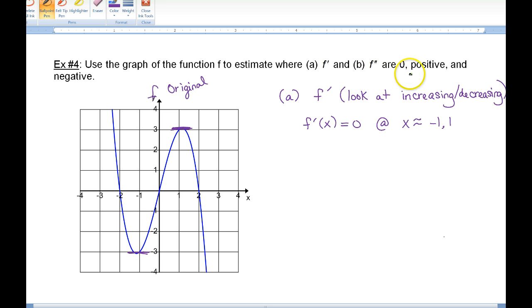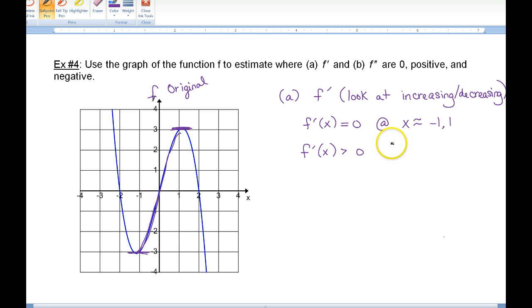So we answered the first part, that's where it's equal to 0. Where is f prime of x greater than 0? I'm looking at a positive slope, or where it's increasing, right? So if I look at where it's increasing, from -1 to 1.